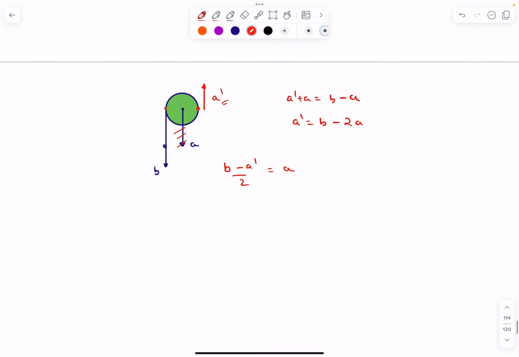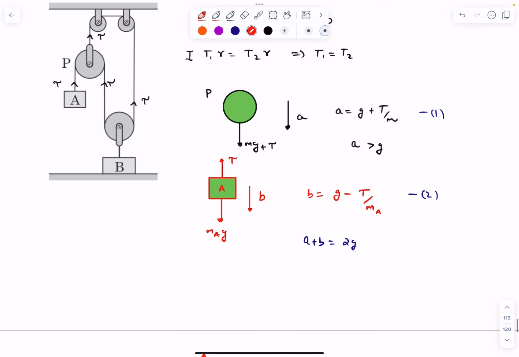Once we determine A dash, if you observe, A dash is the acceleration of the right point, right? So this is the acceleration with which this part of the string is moving up. So consider all these points lying on this string. They're all moving up with an acceleration of A dash. Now if you consider this part of the string on the top, all these are moving down with the same acceleration as the center of the pulley, right?